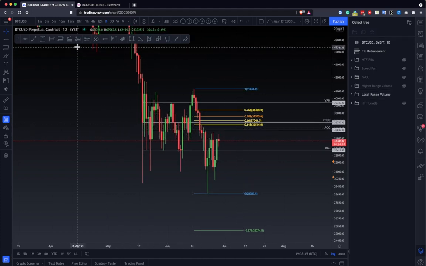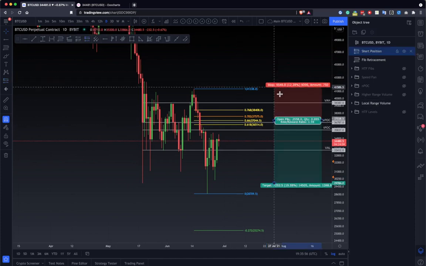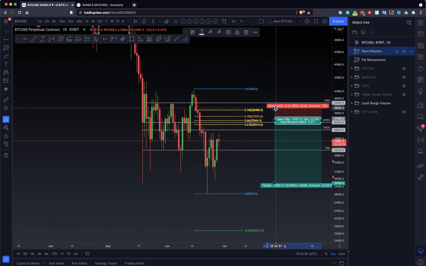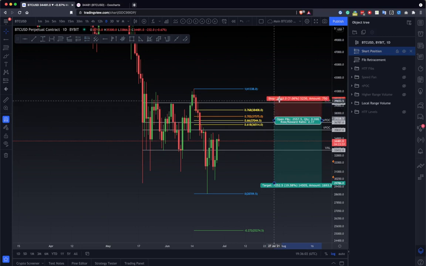For example, if you took this short, let's say you short here, then your stop loss is above this 76. Your stop loss here is kind of useless, because all of these levels are resistance.